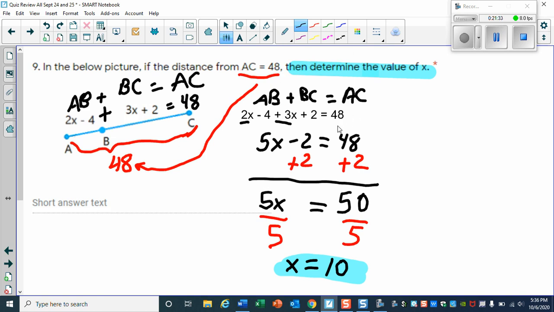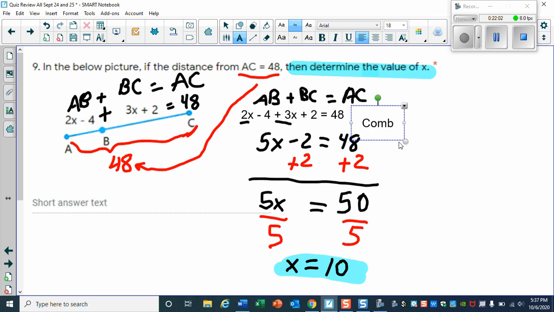So just like before, combine your like terms. 2x, 3x is 5x. Negative 4 plus 2, negative 2. And then from there, solve for x. Step 2, I should say, add 2 to both sides. So you get then 5x equals 50.